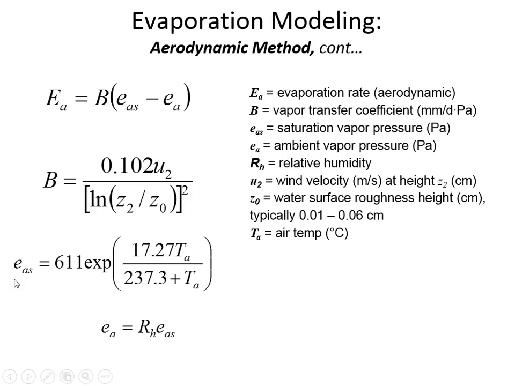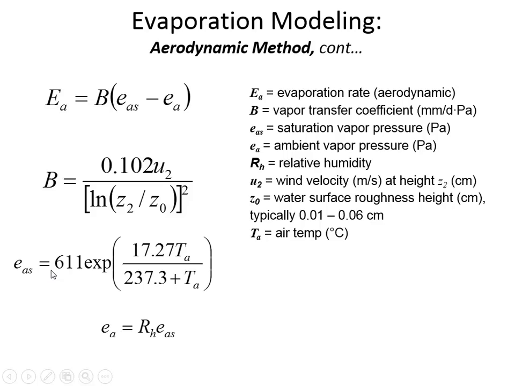We estimate the saturation vapor pressure according to this expression, and this is another one that's just an empirical equation. All of these are just empirical equations that are estimating things and aren't the sole definition of how you actually characterize, in this case, the saturation vapor pressure.